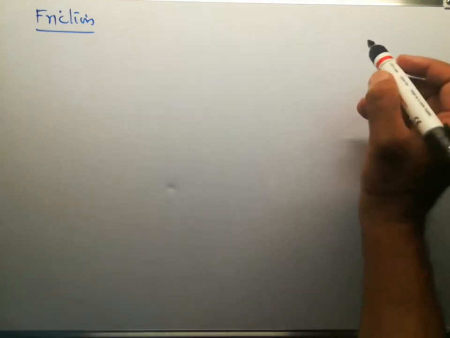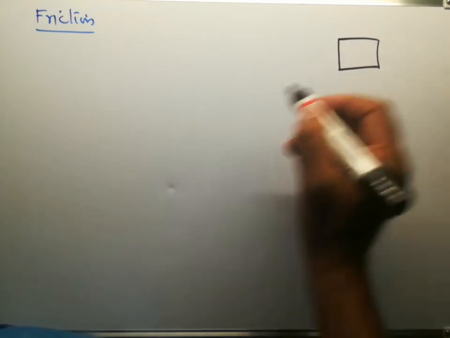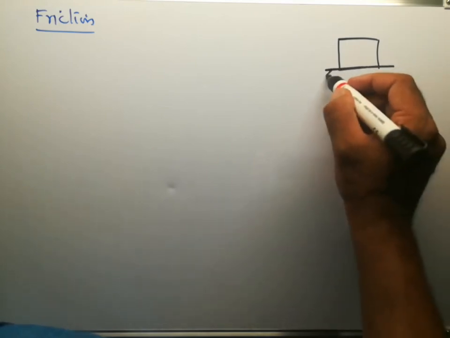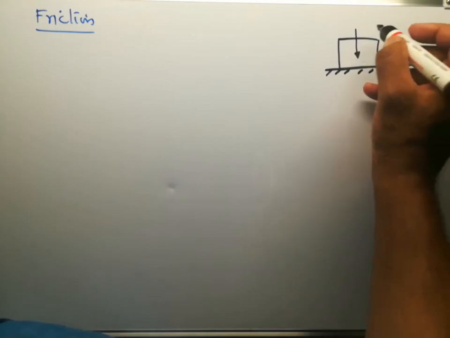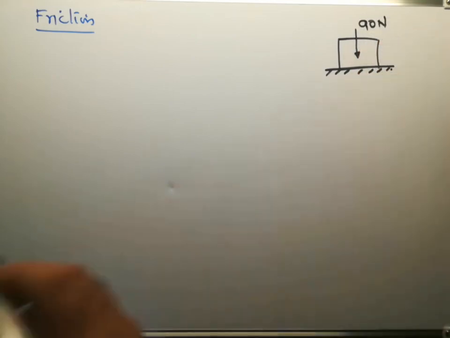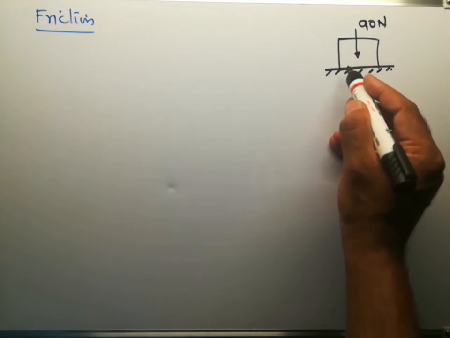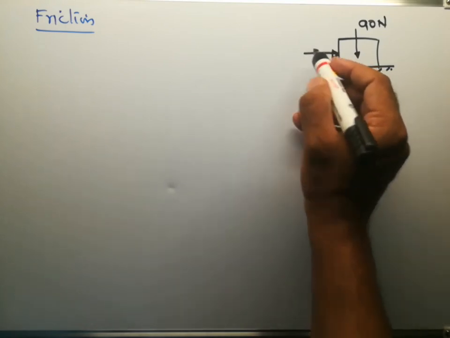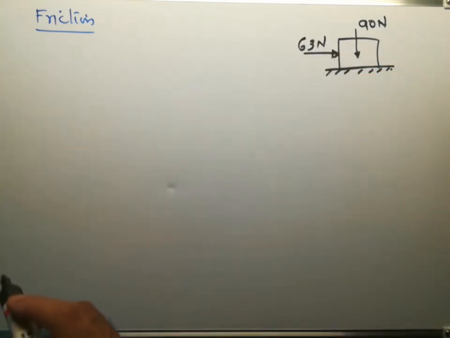In this video, we will consider a block of weight 90 Newton placed on a rough horizontal plane. We have to find the coefficient of friction between this block and the surface, if we apply a horizontal force of 63 Newton in this direction on the body.